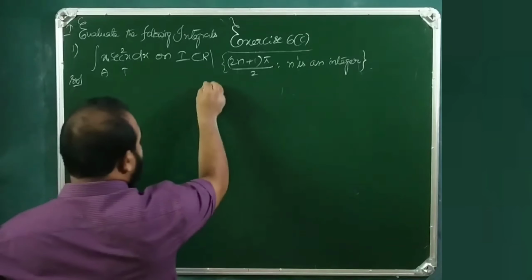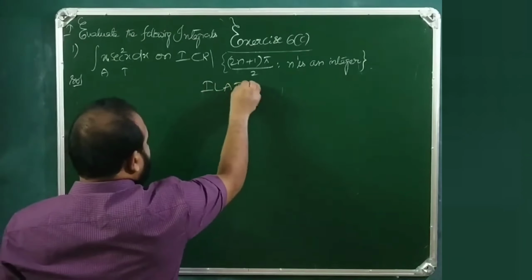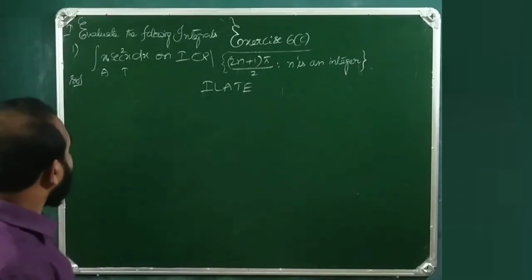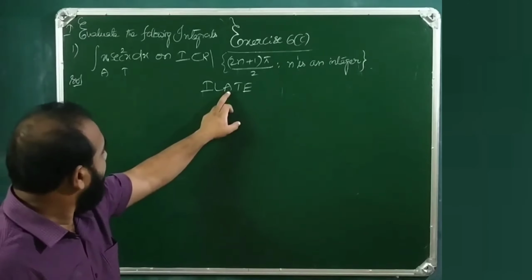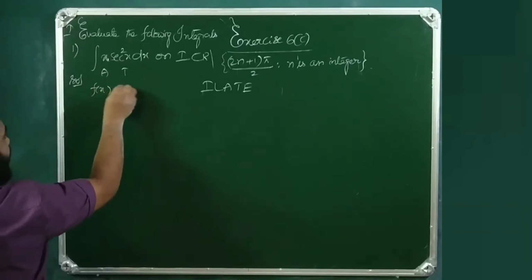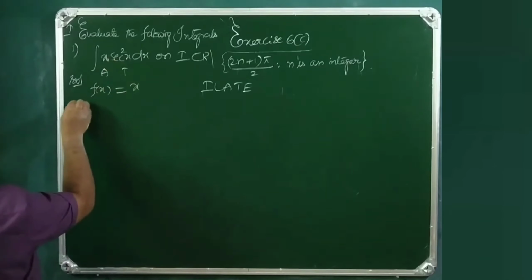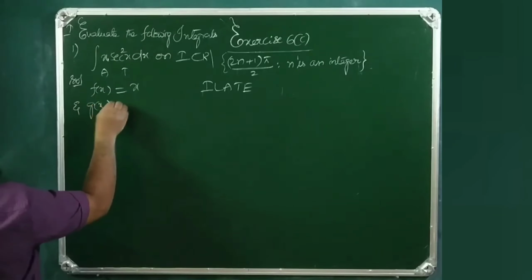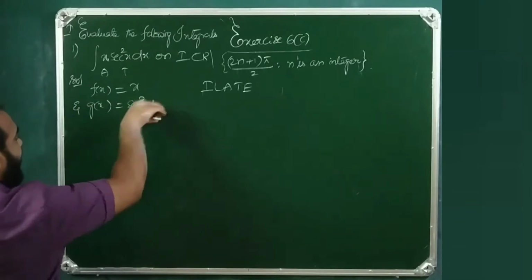So compare with ILATE. In ILATE, A comes first and then T. So x is to be treated as f of x. So f of x is equal to x and g of x is equal to secant square x.